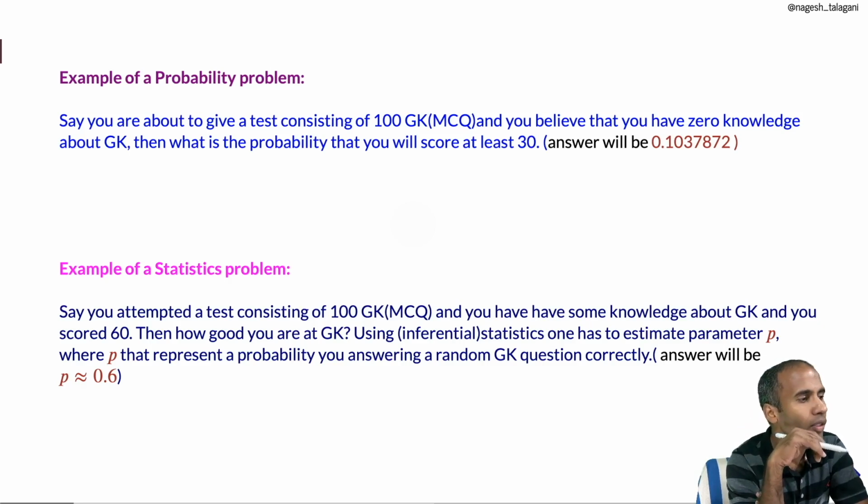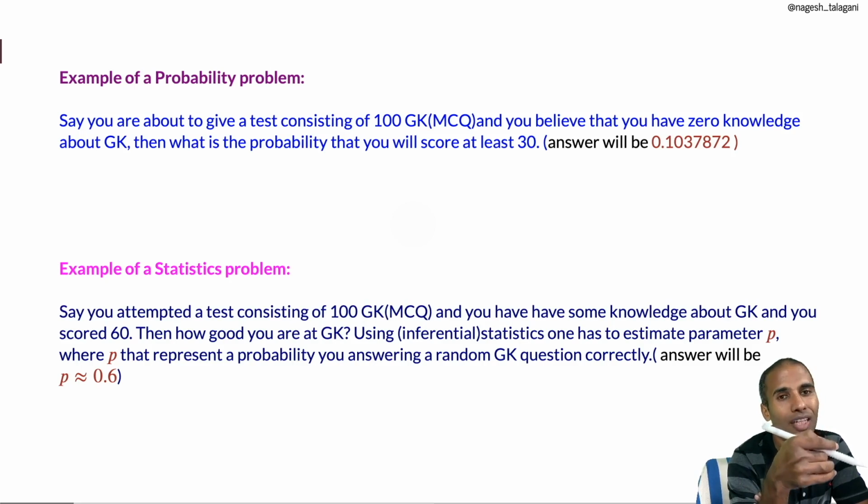By studying your performance over these 100 questions using this data, one can infer that P should be approximately 0.6. So in the previous problem, we knew P exactly, 0.25. But in this problem, we estimated P to be 0.6. So this is a statistics problem.